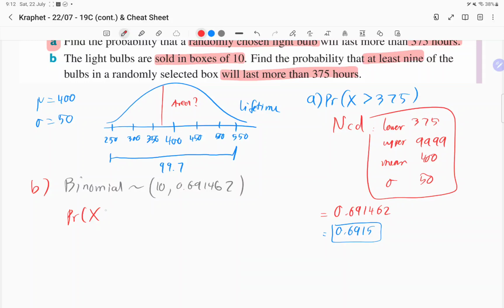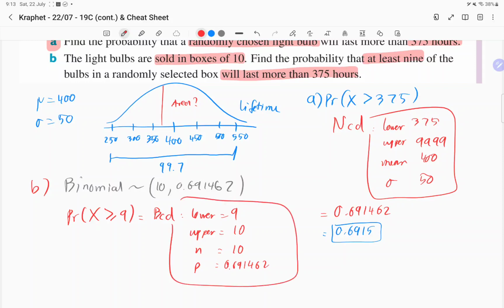Yes, you can do that, or you can just write at least 9 here and chuck it in the calculator. You just need to write what function you use and what the parameters are. It's BCD. The lower is 9, upper is 10, num trial is 10, and p is 0.691462. That should be the right answer.